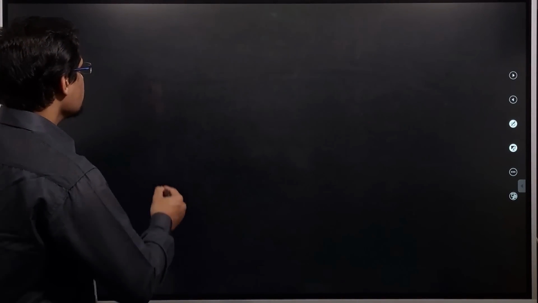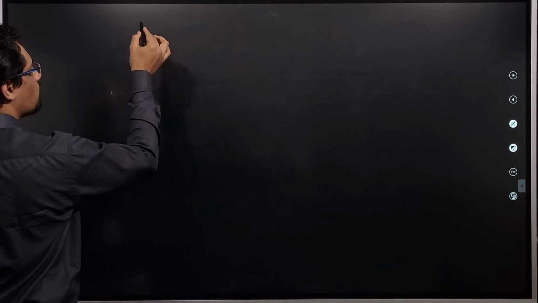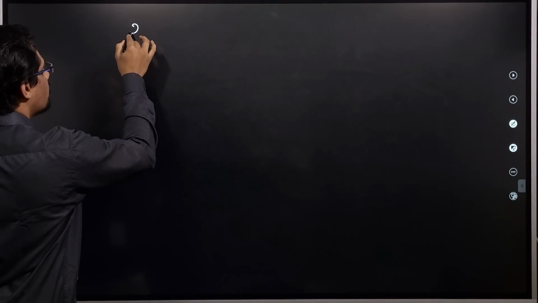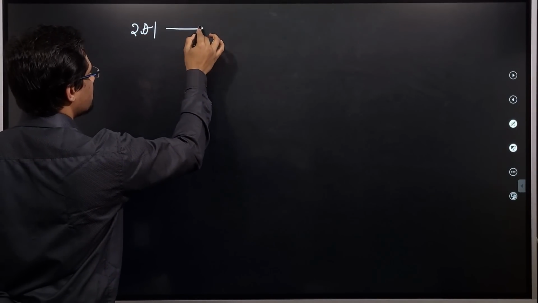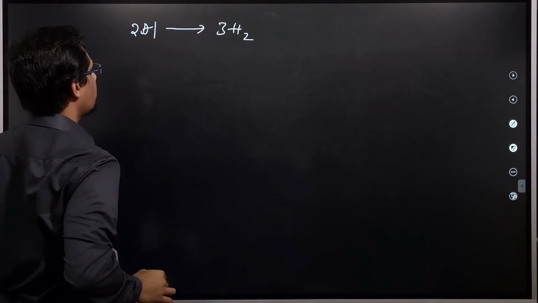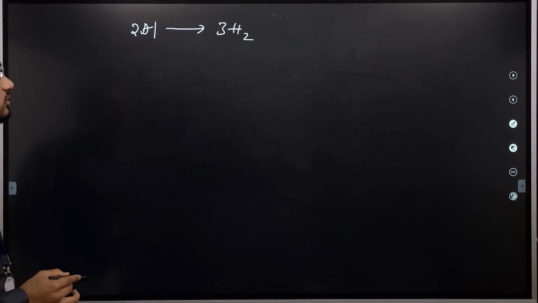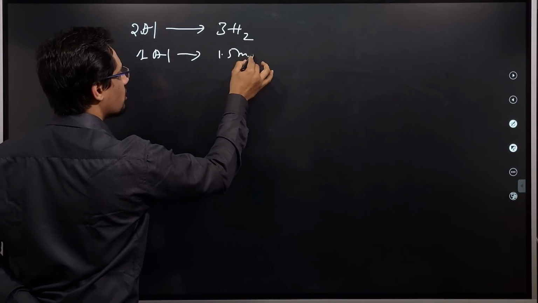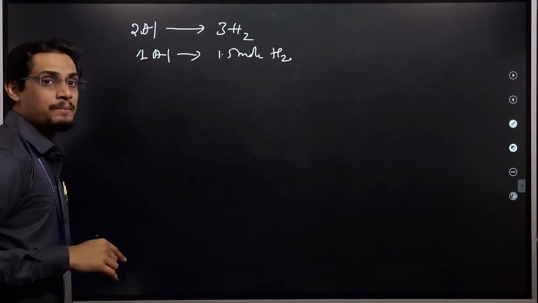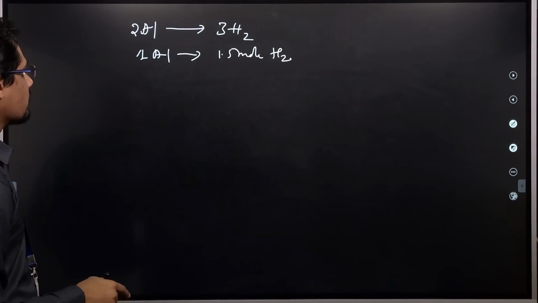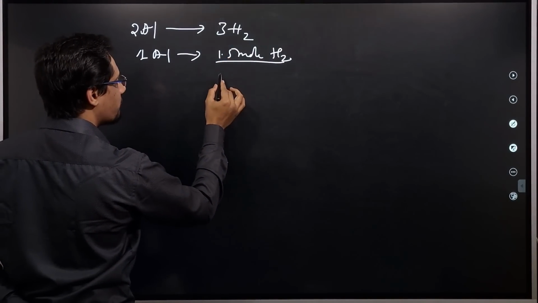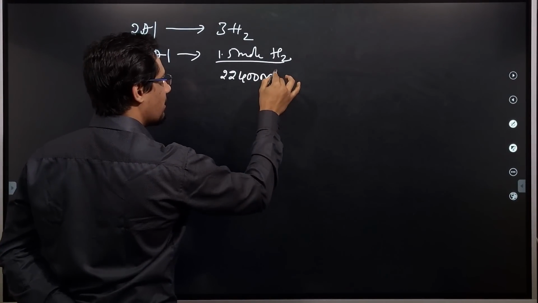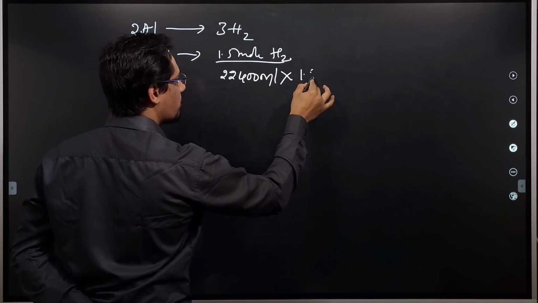What is that? I know moles. So instead of doing like this, I can also do like this. See, 2 moles of aluminium is equivalent to 3 moles of hydrogen. So for 1 mole of aluminium, I'll get 1.5 moles of hydrogen gas. 1.5 moles is nothing but 22,400 ml for 1 mole, into 1.5.